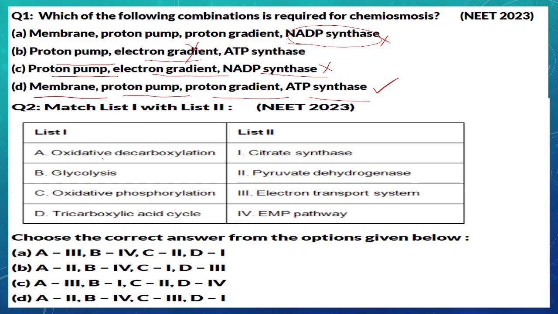Next question. Match the following. Oxidative decarboxylation, where does this process occur? Remember I have explained, oxidative decarboxylation occurs in the linked reaction, that is pyruvate dehydrogenase. Glycolysis, another name of glycolysis is the EMP pathway, Embden, Meyerhof and Parnas pathway. From option B, 4.